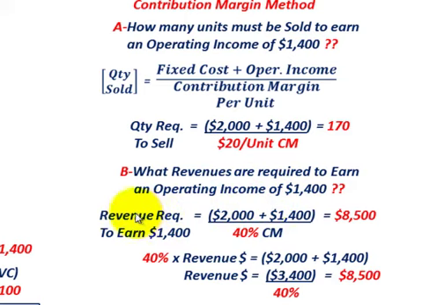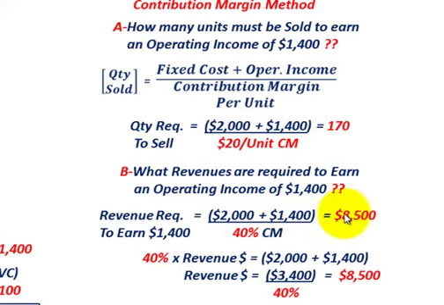The revenue required is the fixed cost of $2,000 plus the $1,400 of operating income, and that amount we divide by the contribution margin percentage, or ratio, of 40% that we calculated. Dividing $3,400 by 40%, you come up with $8,500.